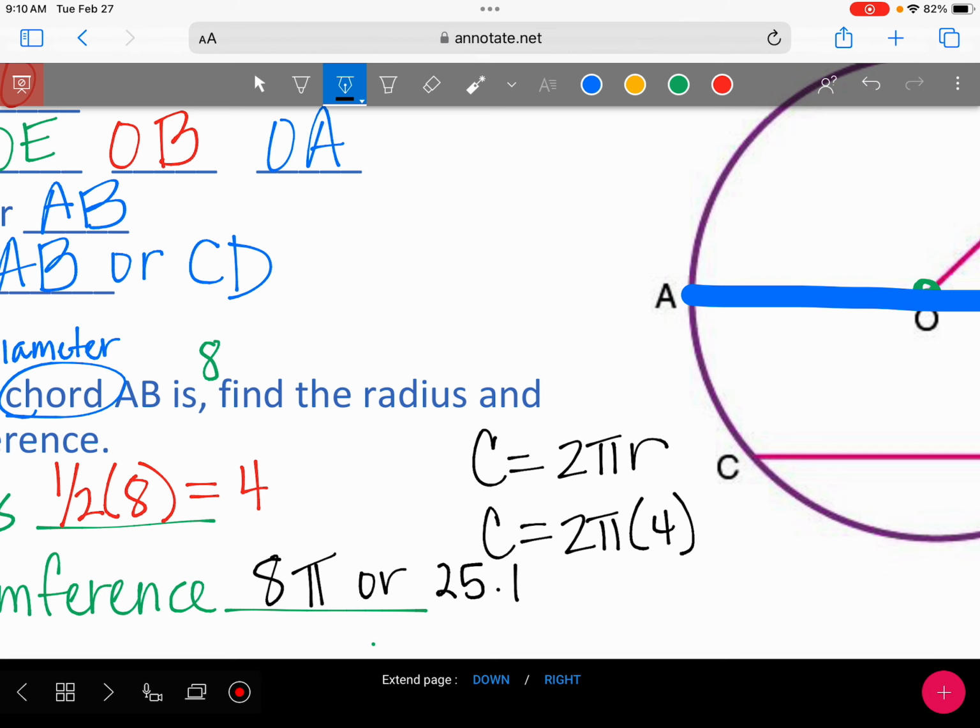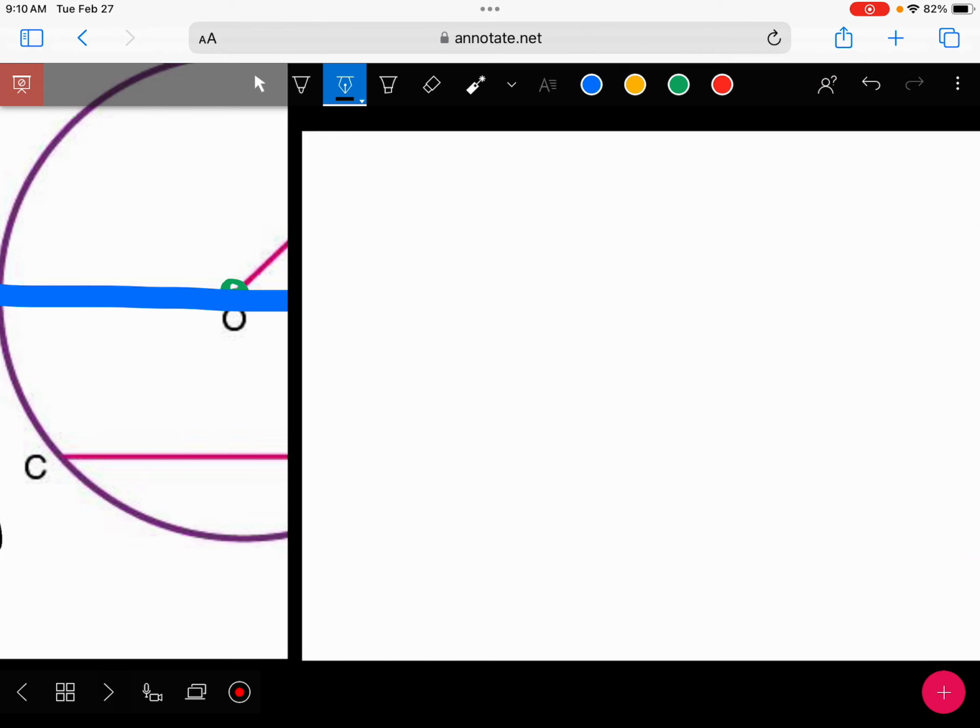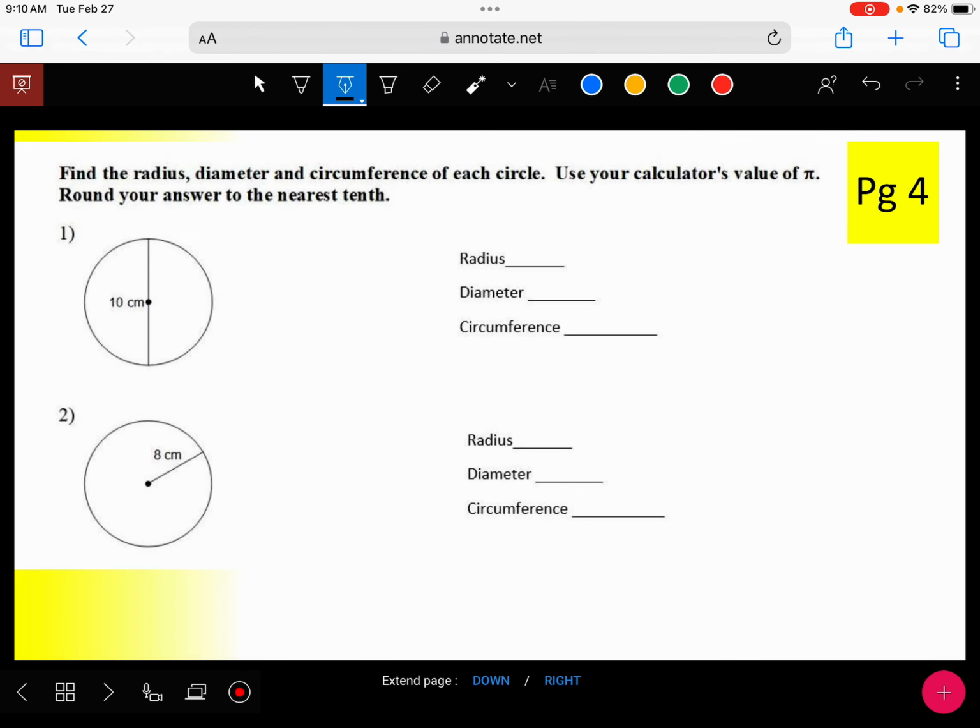So today we're just practicing with circumference. So go to your yellow note packet and turn to page 4. So we have different chords, but this is a diameter.